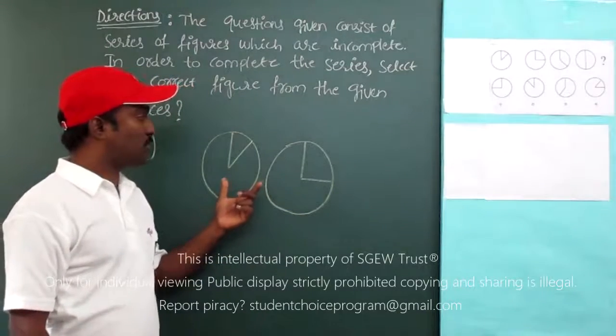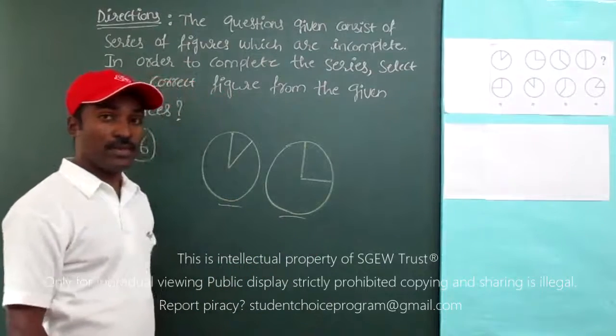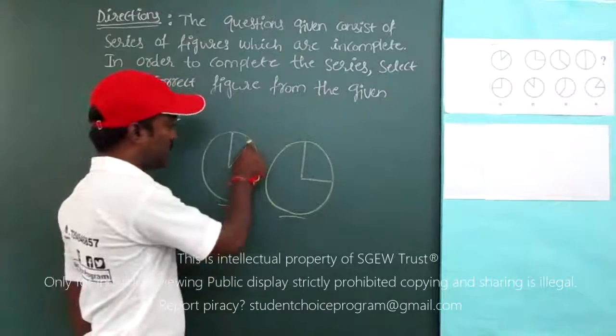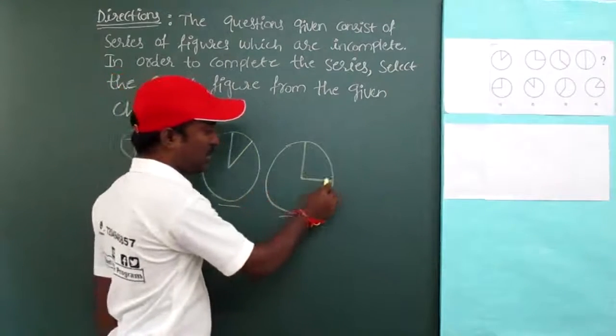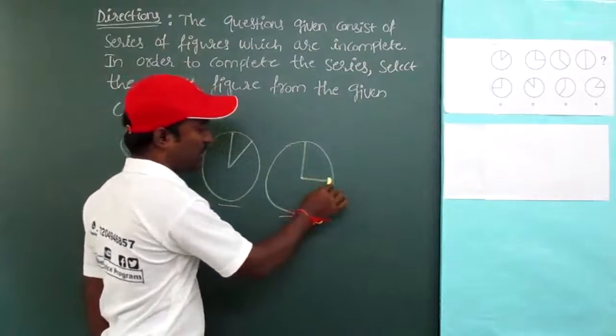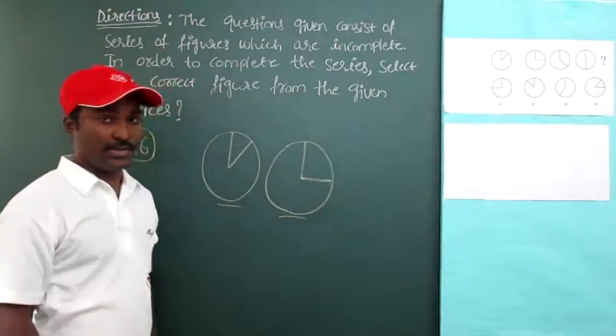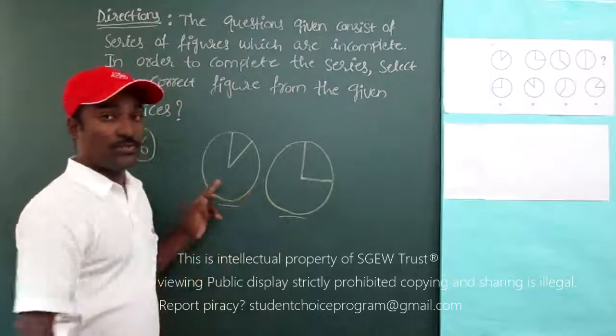What observation then you can make by seeing these two figures? Yes, this line is moved by 45 degrees. This line is moved by 45 degrees and it comes here in the clockwise direction. This is the observation that I made by observing these two figures.